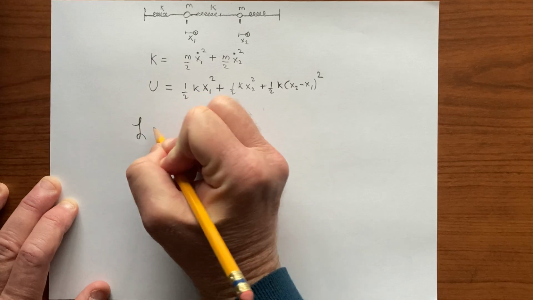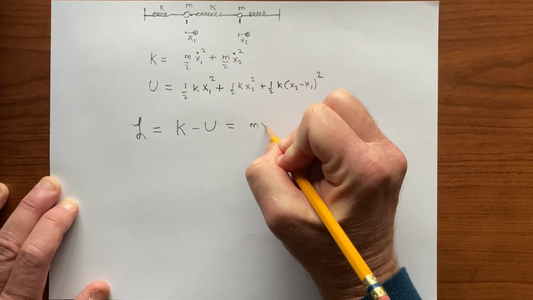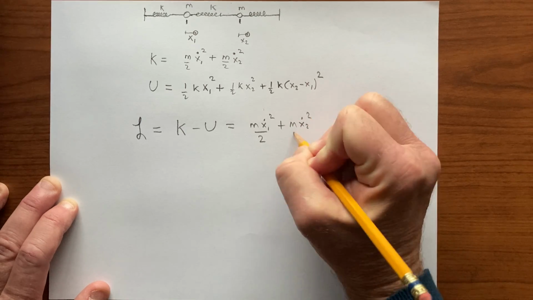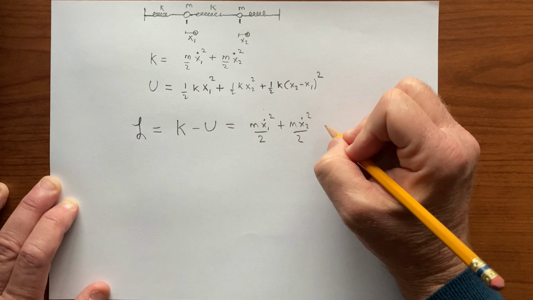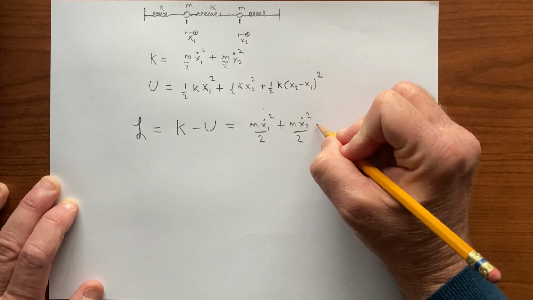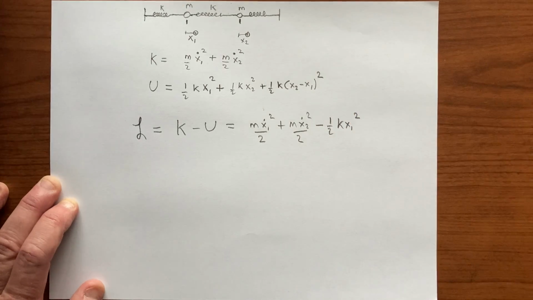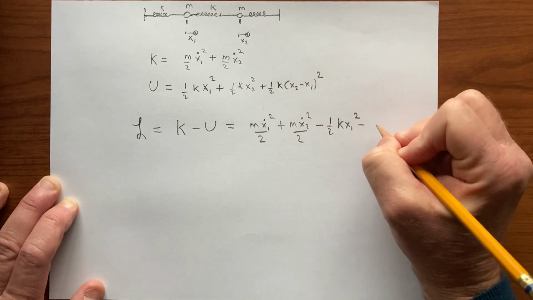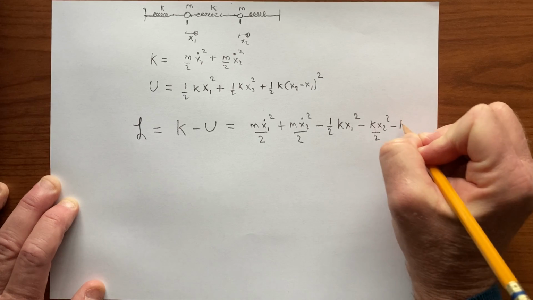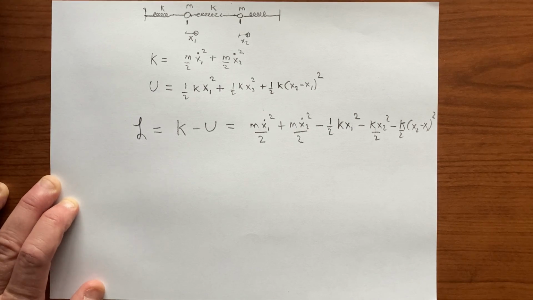And so the Lagrangian is T minus U, which ends up being m x1 dot squared over 2 plus m x2 dot squared over 2, minus 1/2 k x1 squared, minus k x2 squared over 2, and minus k over 2 times (x2 minus x1) squared.